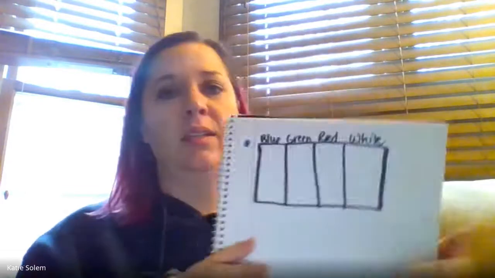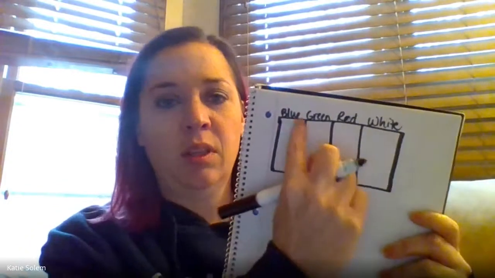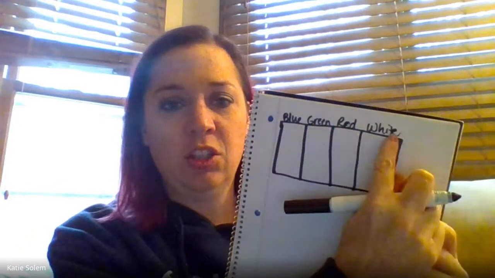So I'm going to make 4 columns for blue, green, red, and white. So that's how I started, is these are his t-shirts. Now I have to think about his pants. And he had black, blue, and tan pants. So those are going to be my rows.